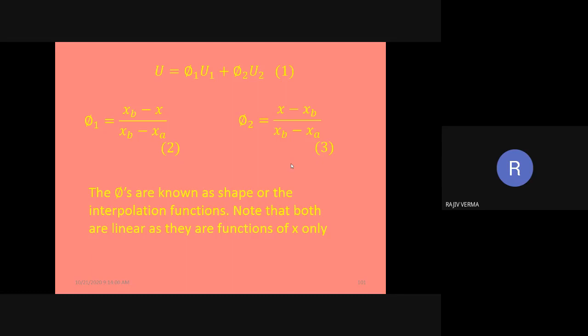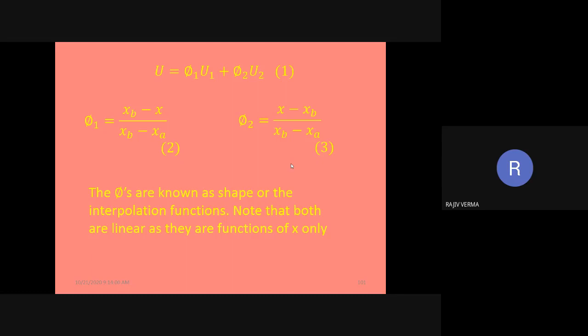Now, just for the sake of discussion, if instead of this particular element, instead of a two-noded element, we did all these derivations for a three-noded element, then we are going to use a polynomial which happens to be of a quadratic type.